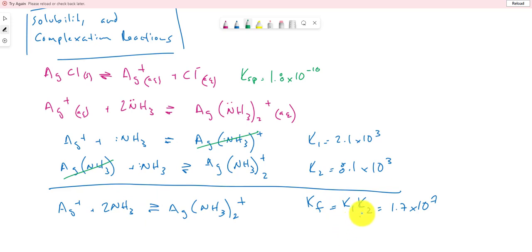But this is meant as a preview to that, adding some nuance and flavor to the diversity of equilibrium reactions, and then using your intuition for Le Chatelier's principle to think about, okay, if these things are possible and they're occurring, how does that change something like the solubility equilibrium? And it's important to note that here our formation constant is pretty big, 10 to the 7th. That's 10 million. So it means that at equilibrium, we've got about 10 million times more of the complex than we do the products of the ion.